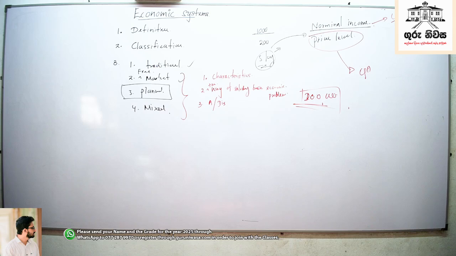Then you can say something about economic freedom and macroeconomic instability, and also equality, the income distribution pattern, whether it is fair or unfair. These are the main points. I'll share the screen for the second question.